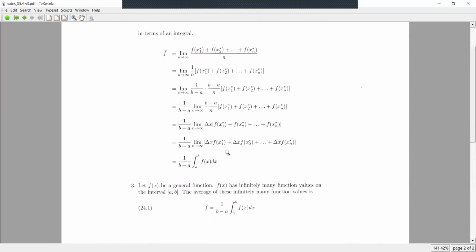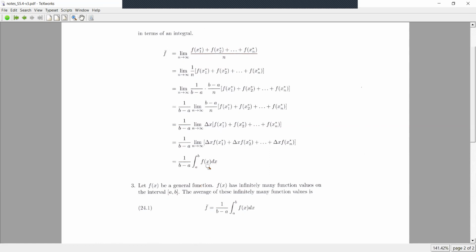But anyway, the limit of the sum of areas of rectangles is the integral by definition. So this limit is the integral from a to b of the function f. So therefore, we have the average elevation of the mountain is 1 over b minus a times the integral from a to b of the elevation function f.